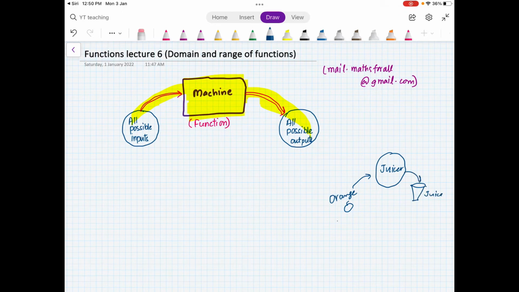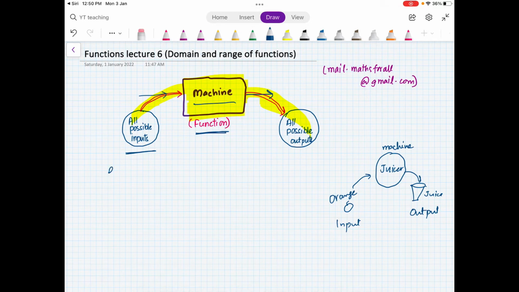So this is your input, this is your output, and this is your machine. You can have a similar thought here: the function is a machine and your orange is your input here. Whatever we feed from the left side is our input, and whatever we get on the right hand side is our output.